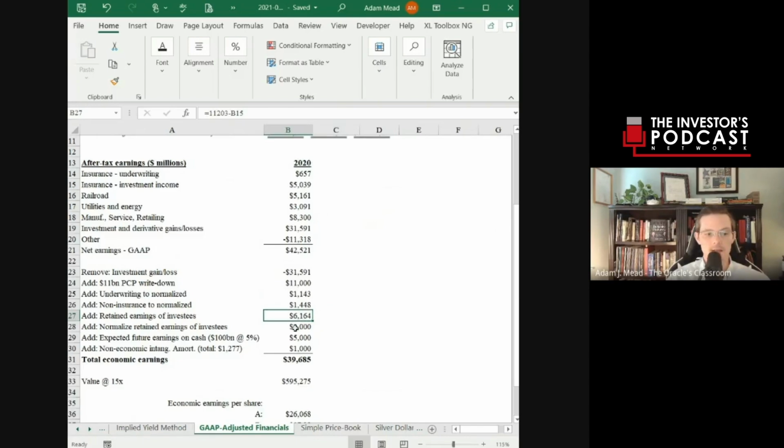Now what I've done, and again, this is subjective, I've normalized the retained earnings of the investees. I've said, I think that they're underreporting earnings by roughly 3 billion. And so that gets you to maybe a $14 billion run rate for the look-through earnings for Berkshire's investment portfolio.